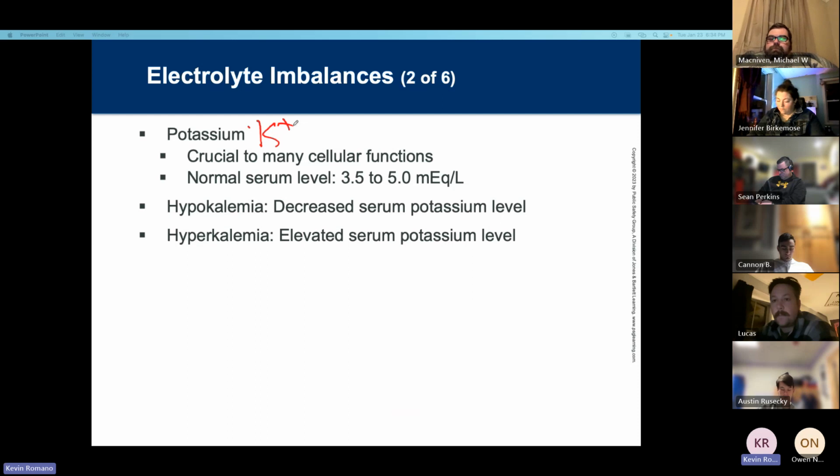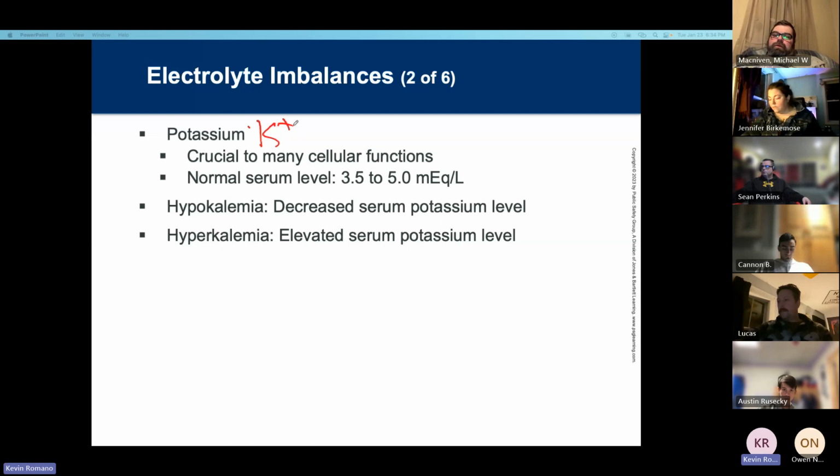Causes include decreased dietary potassium intake and absorption, shift of potassium into the cells, renal potassium loss, and extra renal potassium loss as well. Hyperkalemia, or elevated serum levels, causes would be decreased excretion, shifts of potassium from within the cell, and excessive dietary potassium intake.